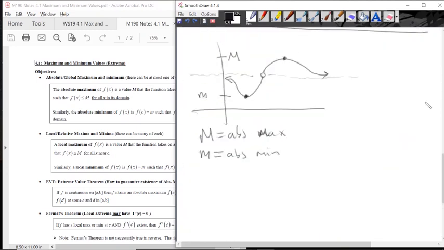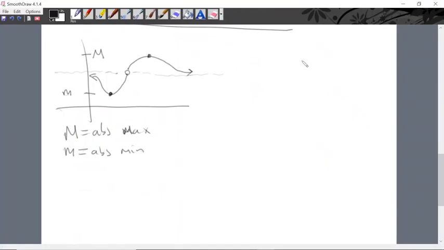Let's say we have a function that does something like this. Maybe I have it approaching a horizontal asymptote right there, but also approaching a vertical asymptote right here, regardless of what happens on the other side of this asymptote, if anything at all.